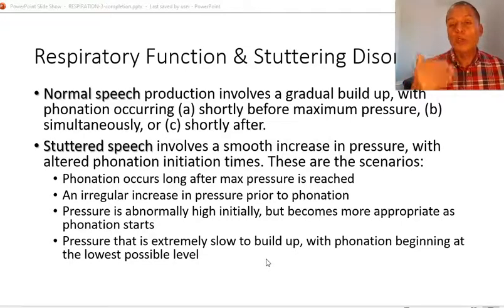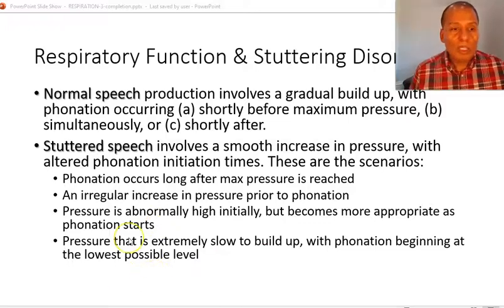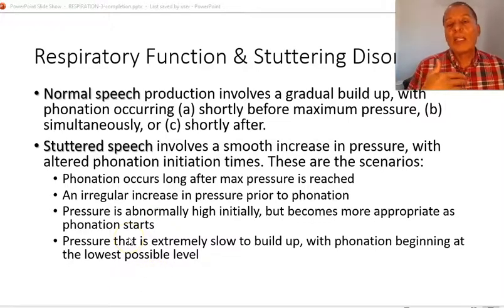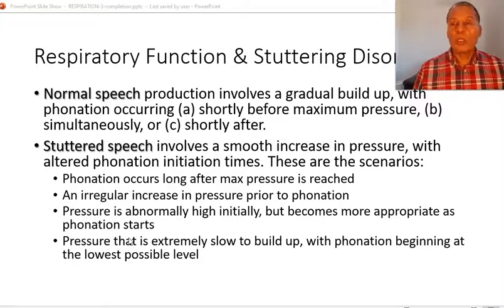Sometimes it is even worse when the same person will experience different scenarios in different situations. For example, if there's anxiety, or if there is a new situation, or if the person is tired or didn't sleep well, and so on.